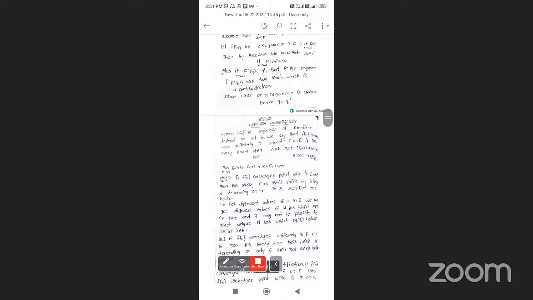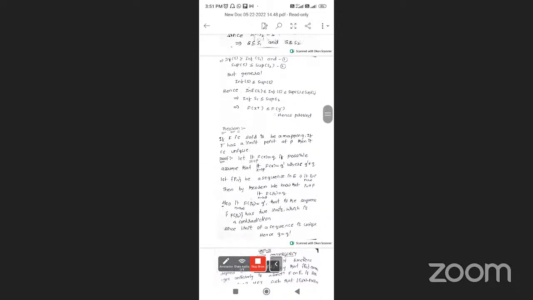What is the infimum of S1? It is f of x plus. So f of x plus is less than or equal to f of y minus. Hence we proved it.